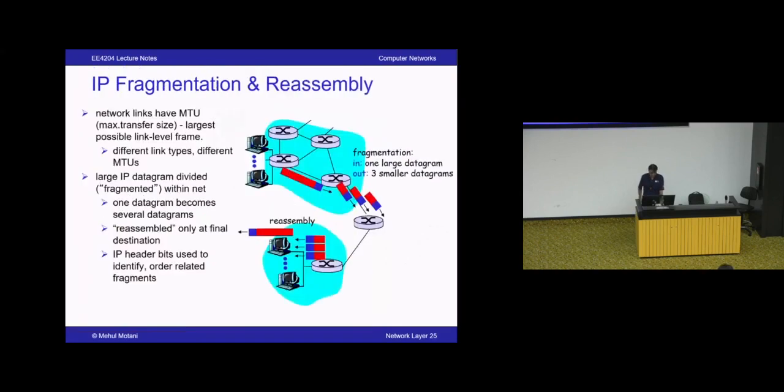Okay. All right, let's talk about this function called fragmentation and reassembly. As I mentioned, the idea behind fragmentation and reassembly is that a network operator, the person who owns the network, can put a limit on the size of the network layer packet, the size of the datagram.